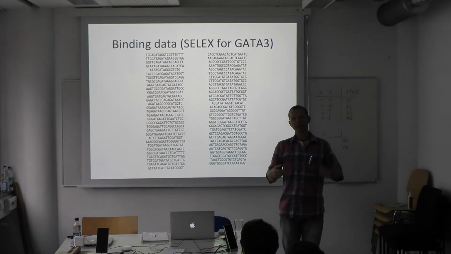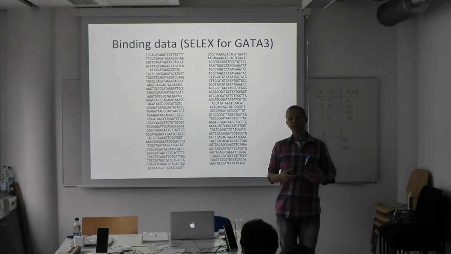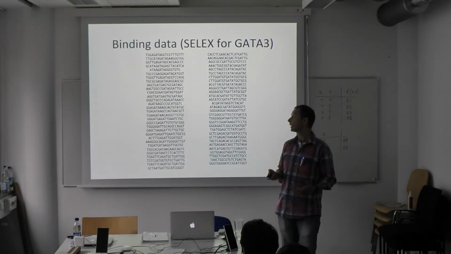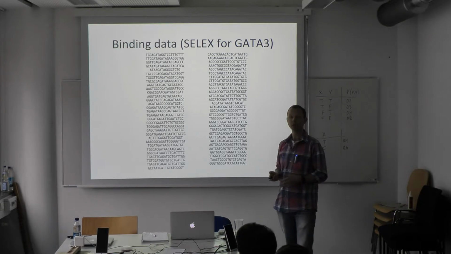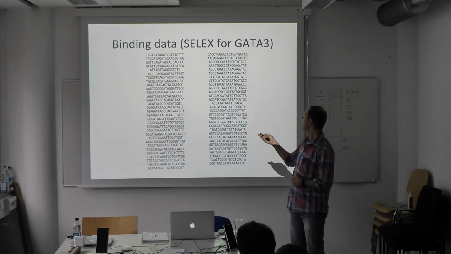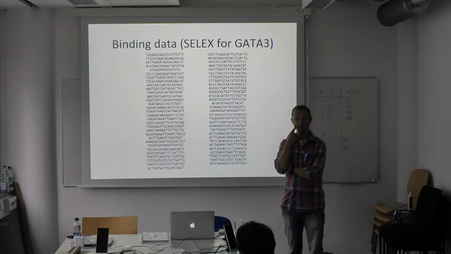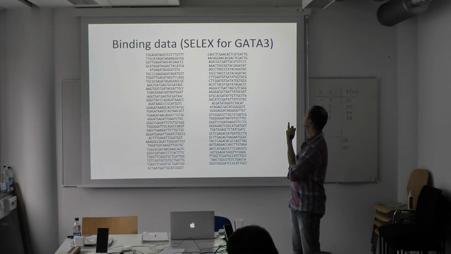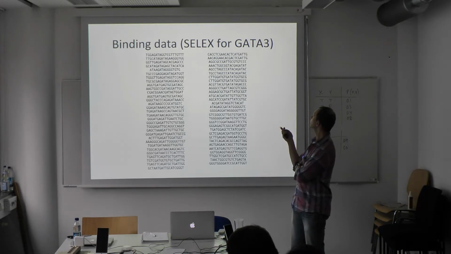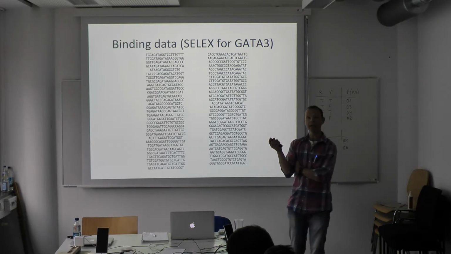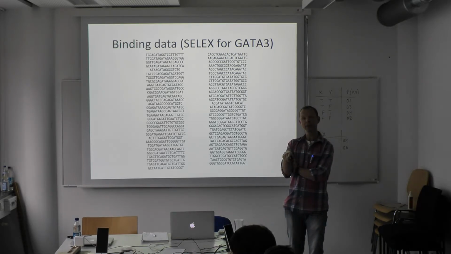Most of the time we end up with a much less specific data set, but at least one with more data points. This is an example data set from a so-called SELEX experiment. This has been around for quite some time. We're still talking about transcription factor binding here, but this is an in vitro experiment.